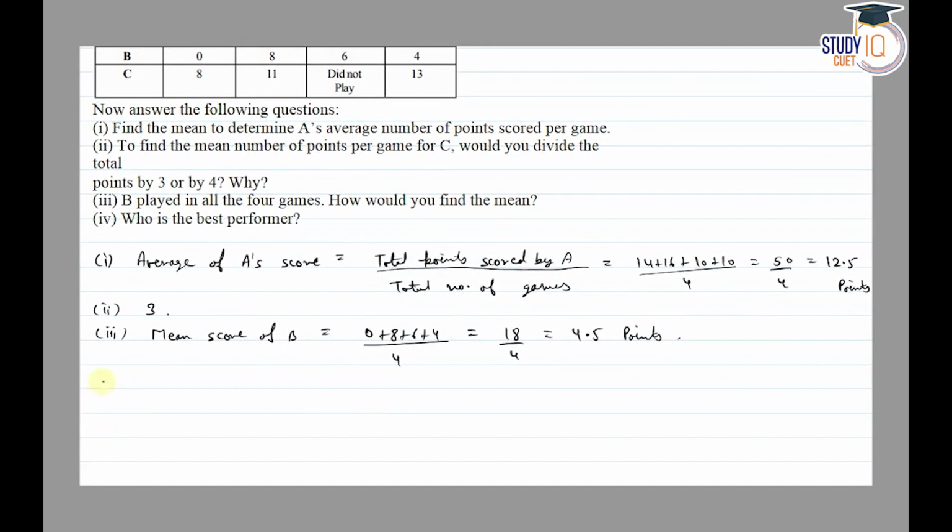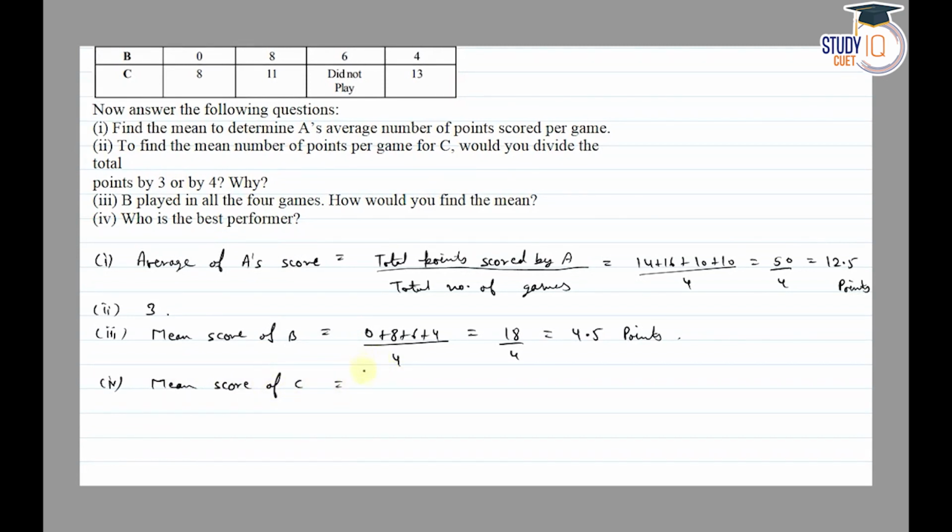Then next, fourth, who is the best performer? So हमें A का एवरेज स्कोर पता है, B का पता है, C का नहीं पता है. So C का फाइंड आउट कर लेंगे, देन हम ऑब्जर्व कर लेंगे, चेक कर लेंगे who is the best performer.